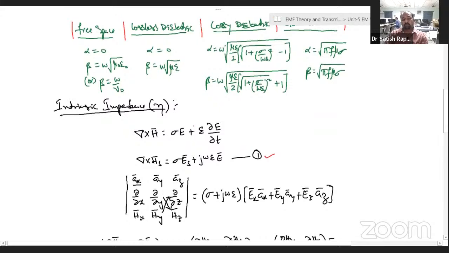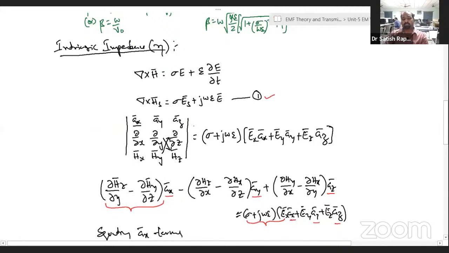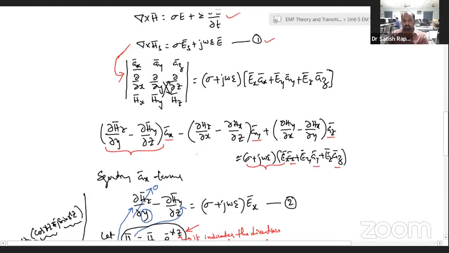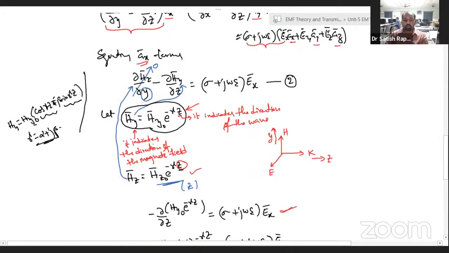And intrinsic impedance. This is the common derivation for all four media. Taking this equation, which is one of Maxwell's equations, and expanding it like this, equating the ax term on both sides, we'll get equation 2.